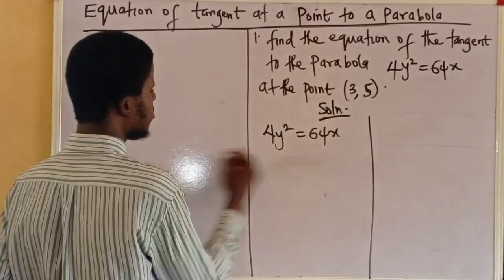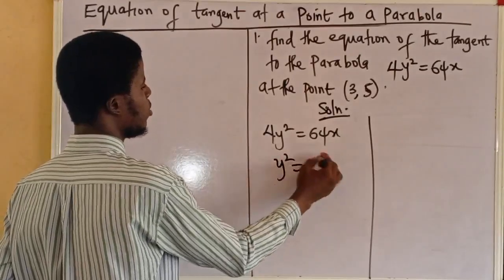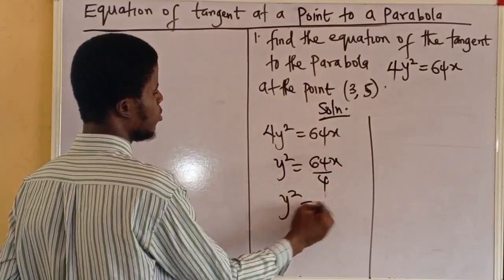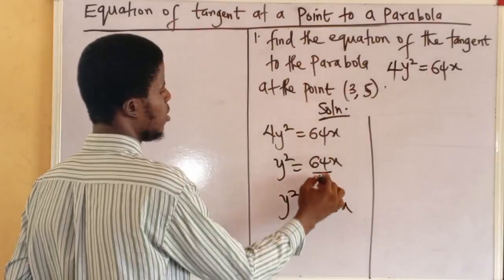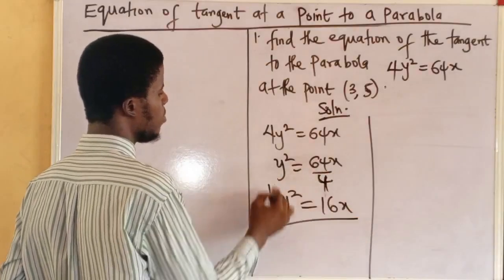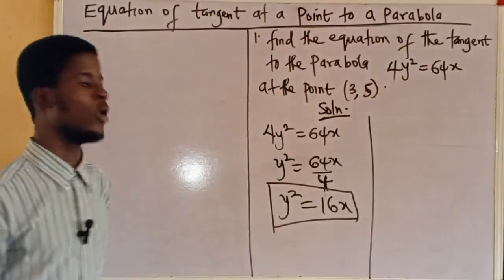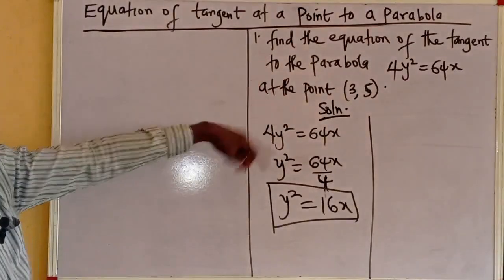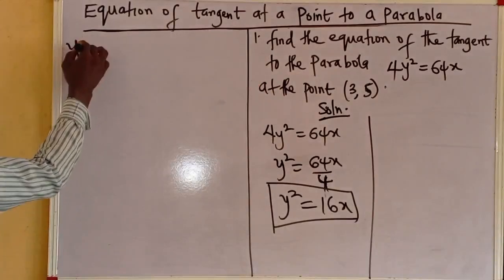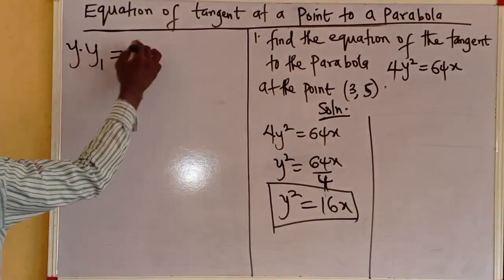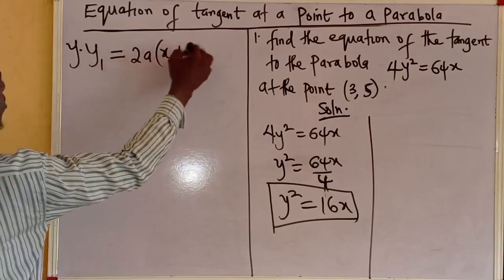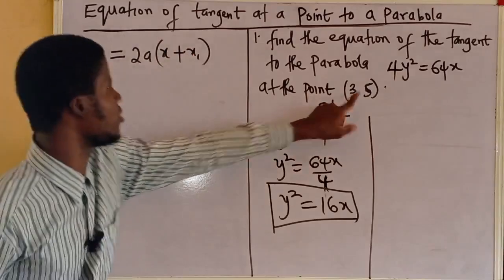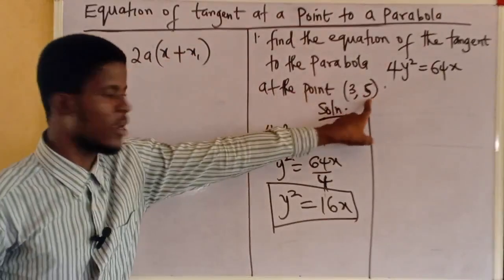So, dividing both sides by 4, y squared equals 64x all over 4. y squared is equal to 16x. Now, the equation of the tangent to a parabola at a point is y times y1 equals 2a times (x plus x1). x1 is 3, y1 is 5.